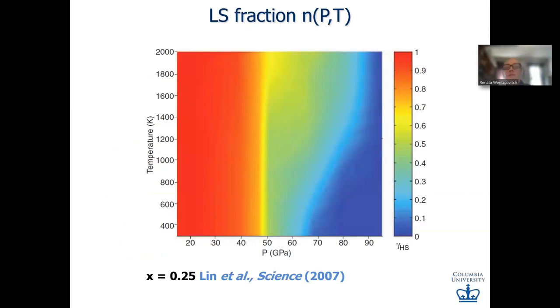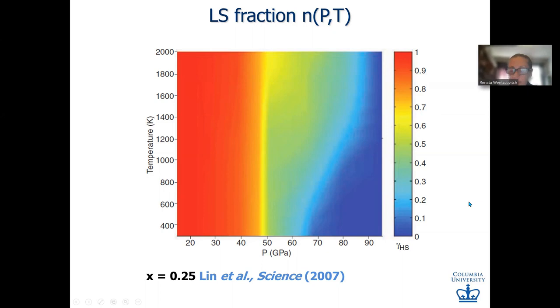Okay, this is the experimental measurement in 25% iron that came out in 2005. The difference is that here the slope is not constant, but it starts with a vertical slope and then broadens, and then the slope becomes vertical again above 1500 Kelvin, let's say.